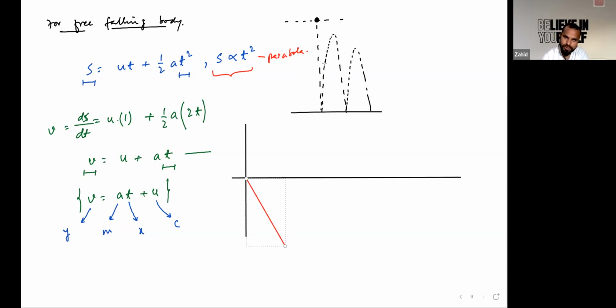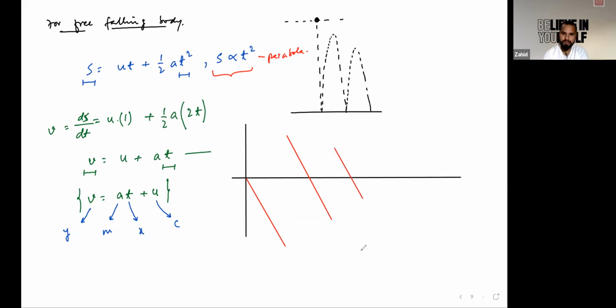On going upward to the highest point, velocity becomes 0. So it will look like this. And similarly, if you draw further, it will be like this, and so on.